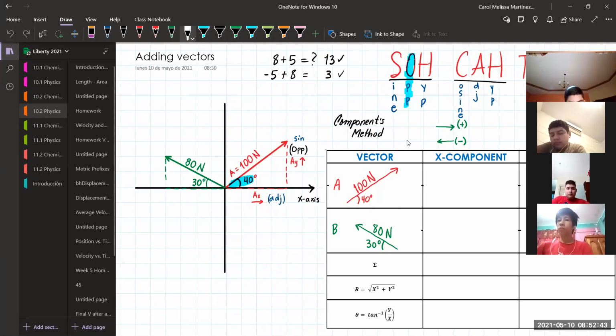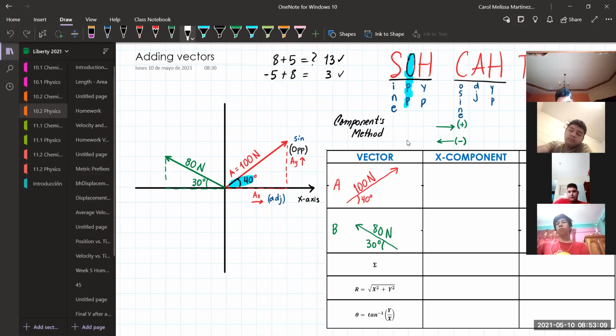So, take a look. For my y component, this is all I want you to see. For my y component, I'm going to be using the trigonometric function sine. So I say, for my y component, AY.